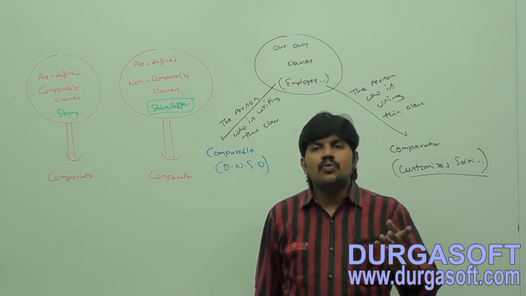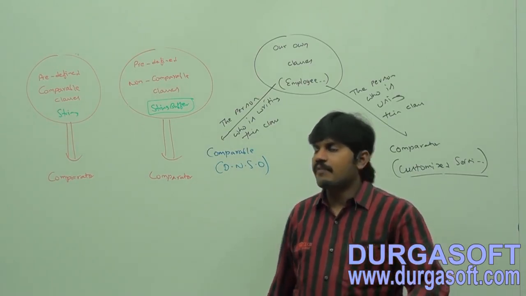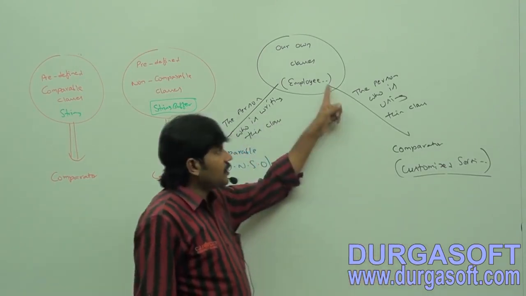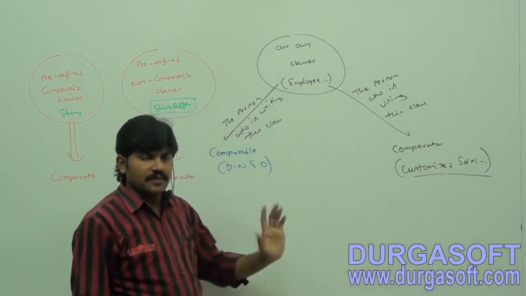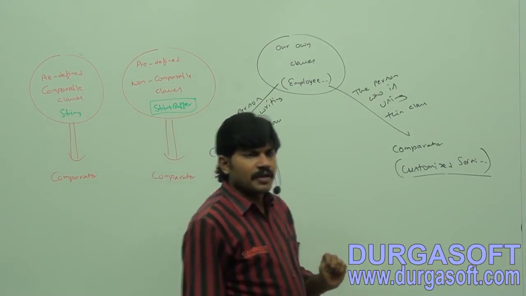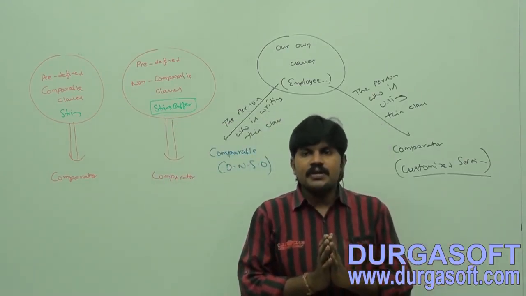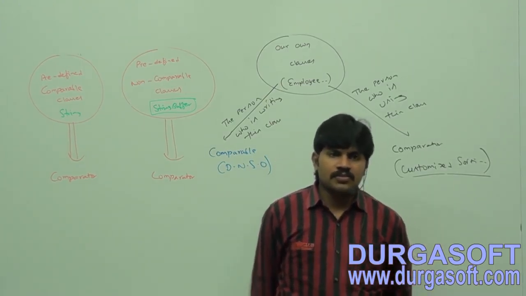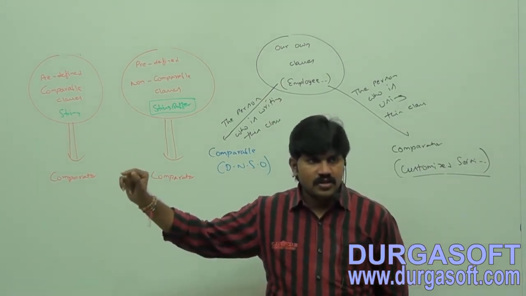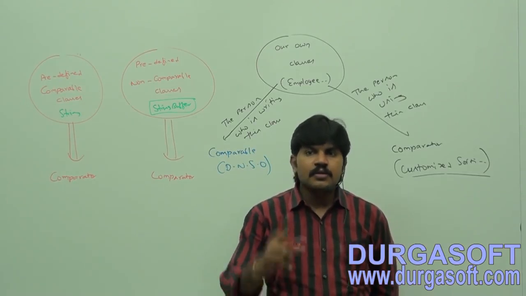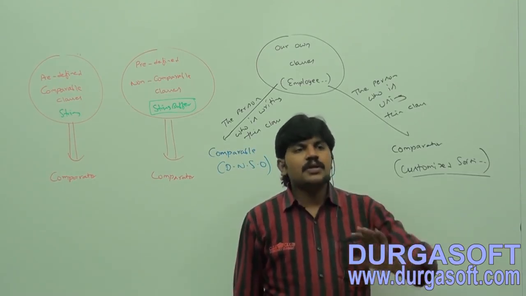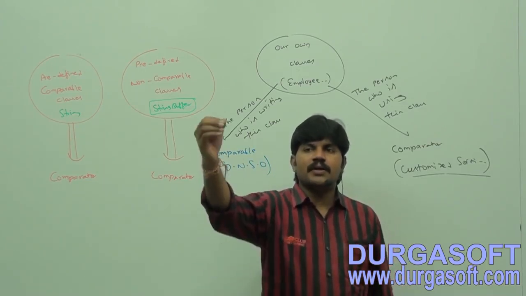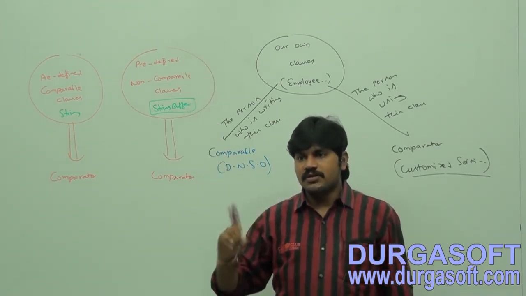Similarly for numbers, most of the time ascending order, 1, 2, 3, 4, 5, 6 and so on, is required. That's why ascending order is defined as the default natural sorting order.